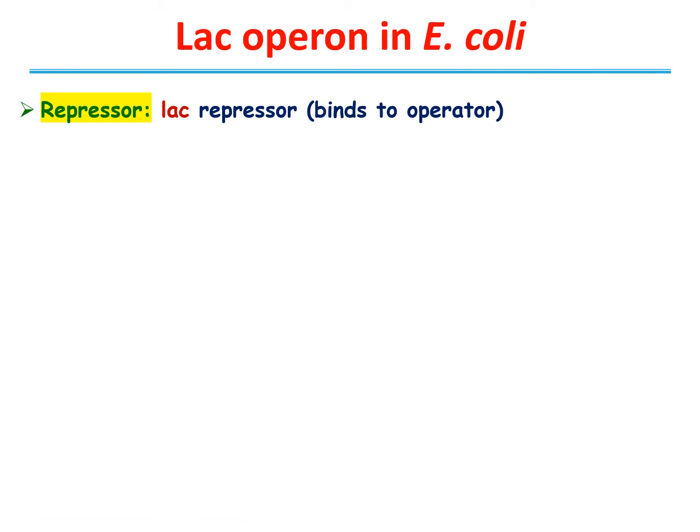So besides the structural genes of the lac operon, we also need to familiarize ourselves with other components of the lac operon before we go ahead with a further detailed discussion of how it actually functions. So the first example is the repressor. The repressor of the lac operon is called the lac repressor. We know it goes and binds to the operator.